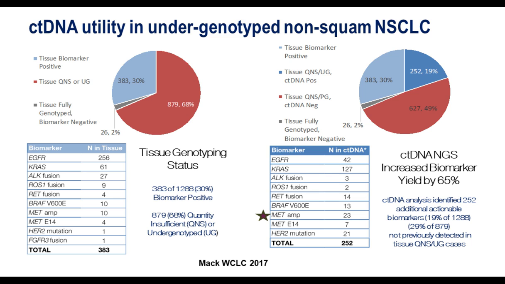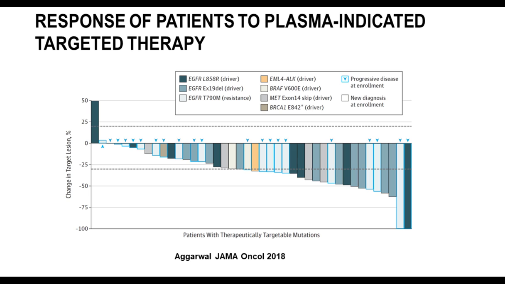When this cohort was then tested on cell-free DNA with NGS, it revealed the presence of biomarkers of driver alteration in an additional 19% of the cases. So this is really the power of liquid biopsy testing with NGS. You can expand the fraction of cases in which you can find driver genetic alterations.